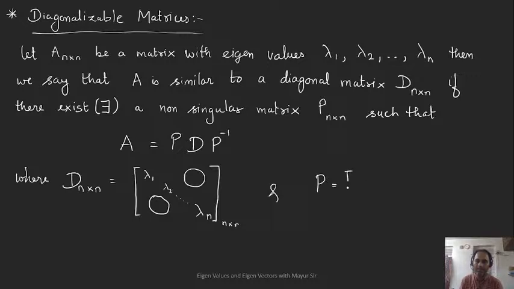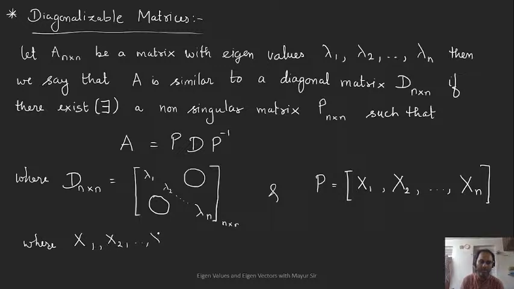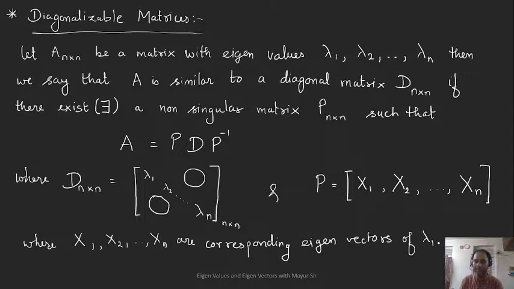is x1, x2, dot dot dot up to xn, where x1, x2 up to xn are the corresponding eigenvectors of lambda 1, lambda 2 up to lambda n.